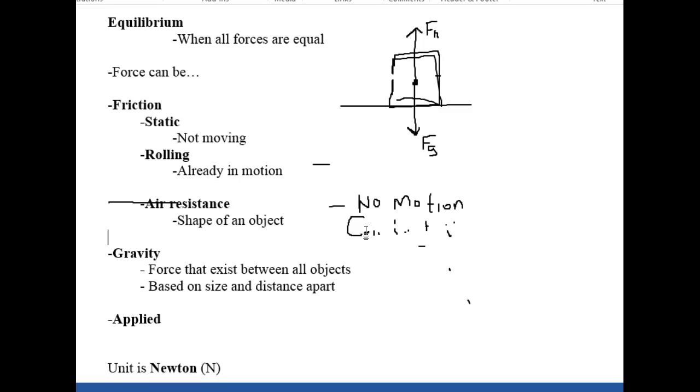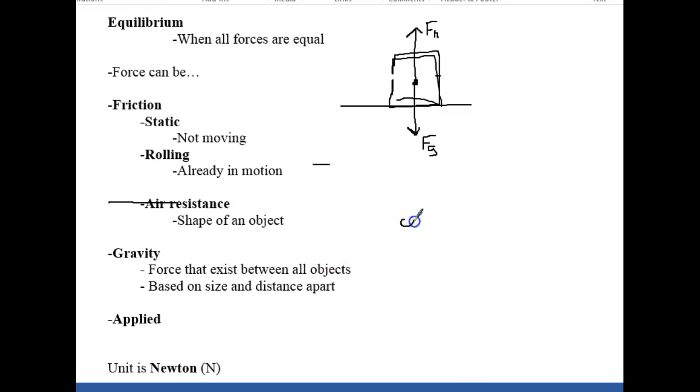And it's something that's observed in nature, but it's really based on the size of the object and the distance they are apart. So some people might say, well, we have gravity, why don't we attract things to us? Well, the problem is that gravity is present in all things, but it's also based on their size.